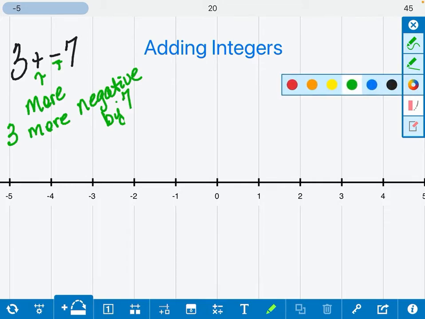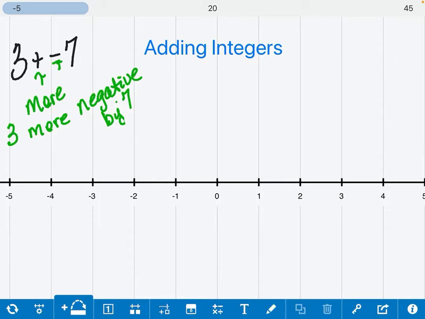I'm going to try to use the same colors that we use with our 2-color counters for positives and negatives. So we start at 0. On number lines, you always start at 0, and we're going to bunny hop 1, 2, 3. Our line starts at 0 and goes all the way to the 3, and it is going to the right, so that value is a positive 3.